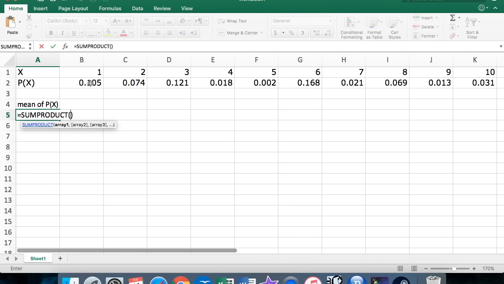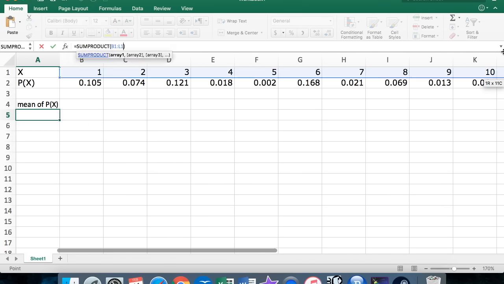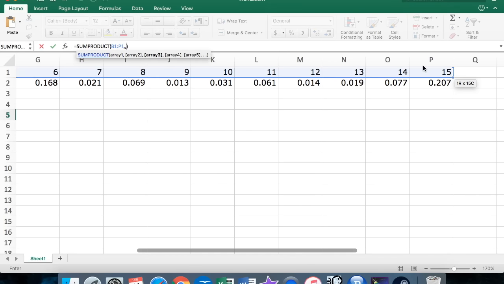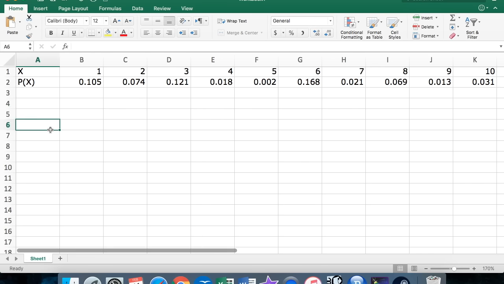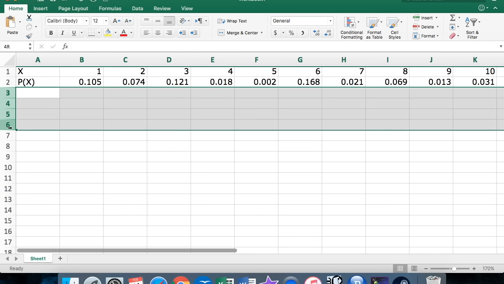So sum product, my first array. I don't know why it was doing that weird thing, it's like double comma-ing. I'm not sure why it's doing that. Maybe these cells have some kind of weird problem.